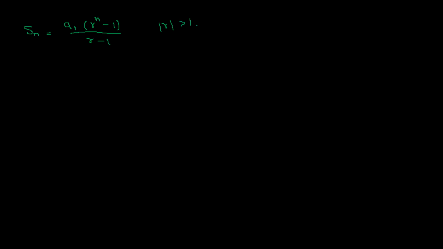Now we talk about that r raised to power n, and if n is increasing, then what would be the value of r to the n? Either it will be increasing or decreasing. Like, if we take r equals 2, then each increasing power will increase the value. Like r square will be equal to 4 and r cube equals 8.